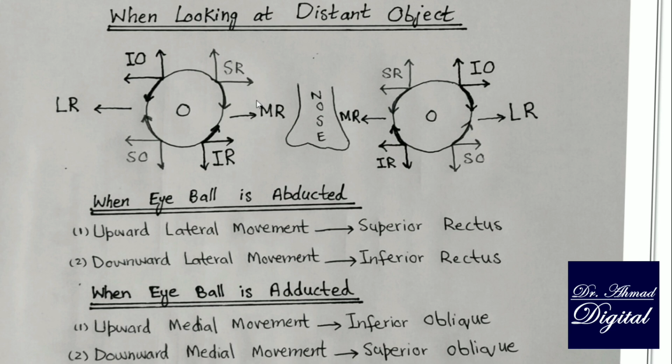So you can understand that if these four muscles are paralyzed, these directions of the movements of the eyeball are lost. So the only direction in which the eyeball can move is downward and lateral, because the lateral rectus and the superior oblique are functioning normally. So these two muscles will move the eyeball in the downward lateral direction.